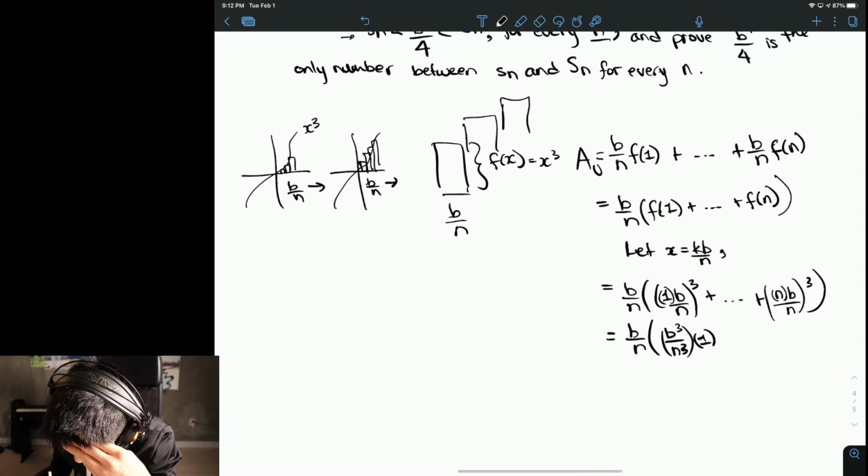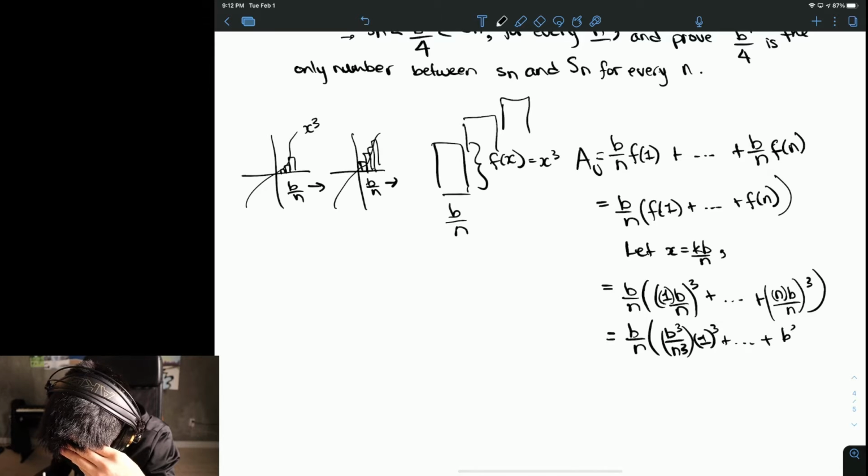Some people might be bored. Cube term plus b cubed over n cubed.